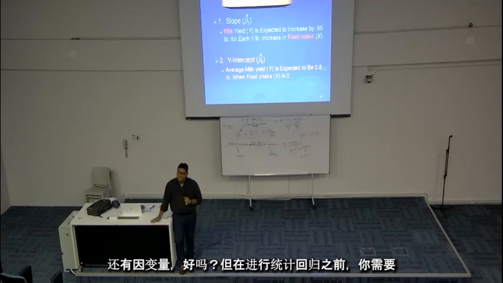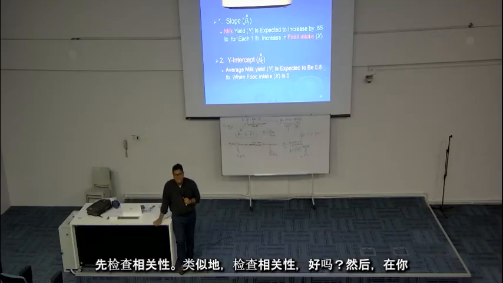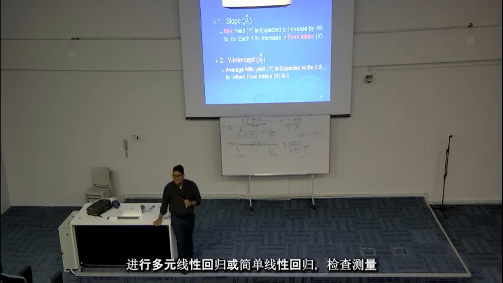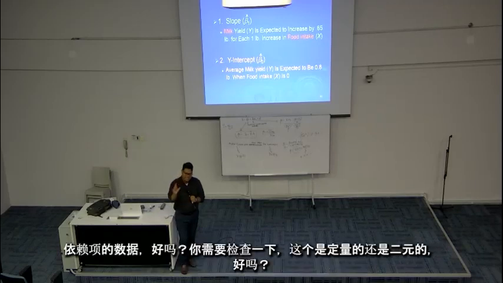But before you go with the statistical regression, you need to check the correlation first. And before you proceed with multiple linear regression or simple linear regression, check the measurement of the dependent variable. You need to check whether it is quantitative or binary.